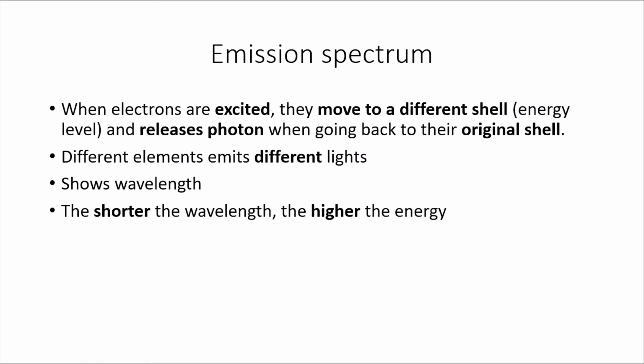Now, the emission spectrum. When electrons are excited, an interesting word you have to remember, they move to a different shell, or you can call it energy level, and it releases a photon. A photon is light, and different elements emit different light. You have to be aware.